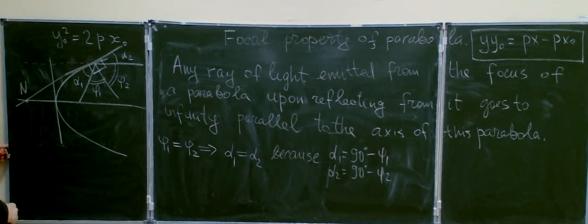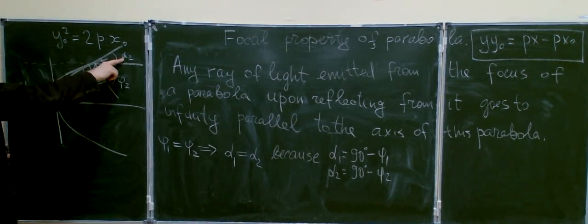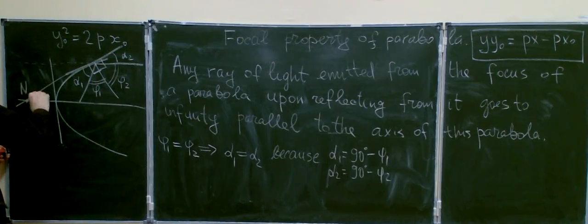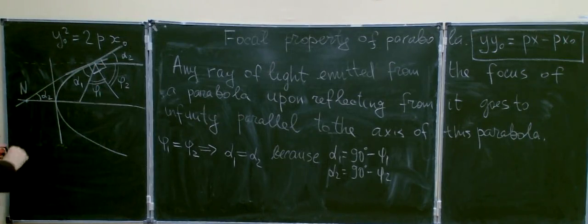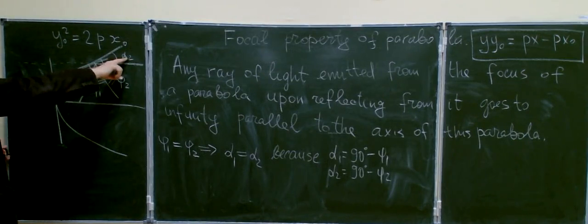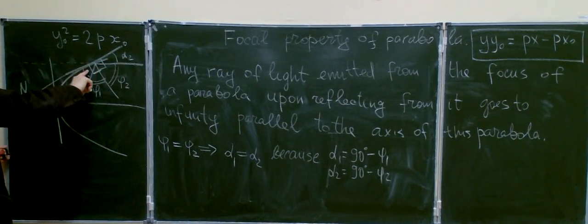But from the elementary geometry we know that if a line crosses two parallel lines, then it forms the same angle with each of these two parallel lines. This angle alpha 2 is equal to this angle alpha 2. But this angle alpha 2 is equal to the angle alpha 1.